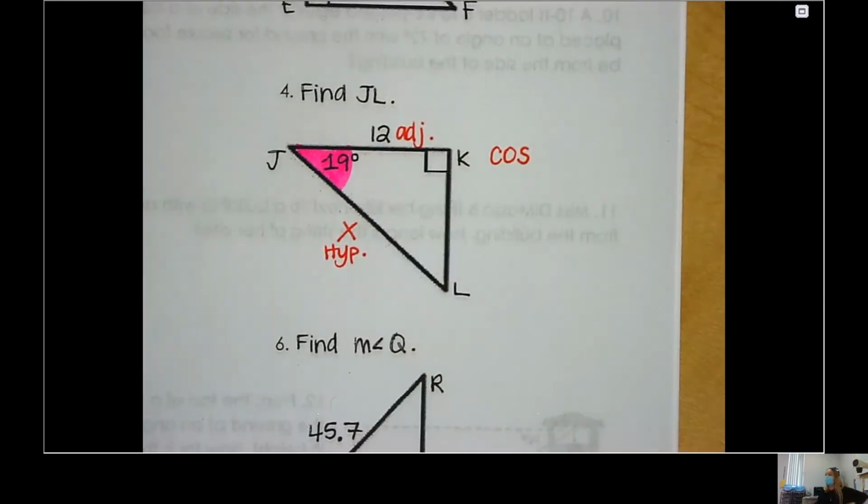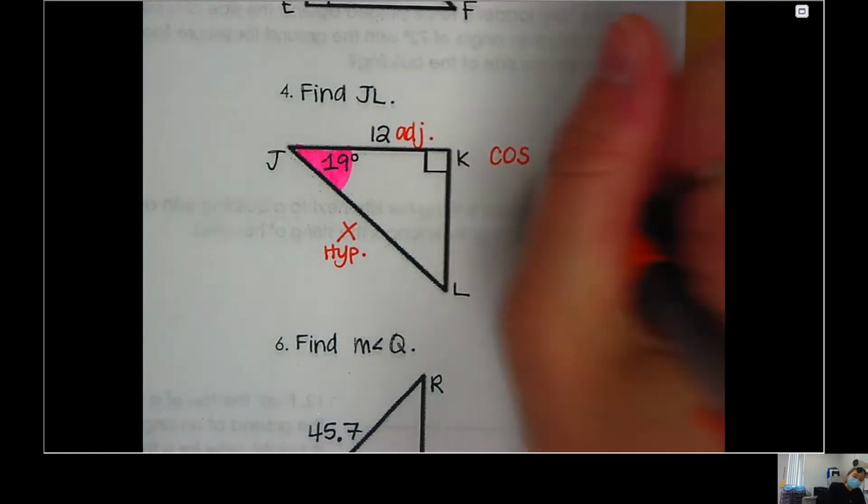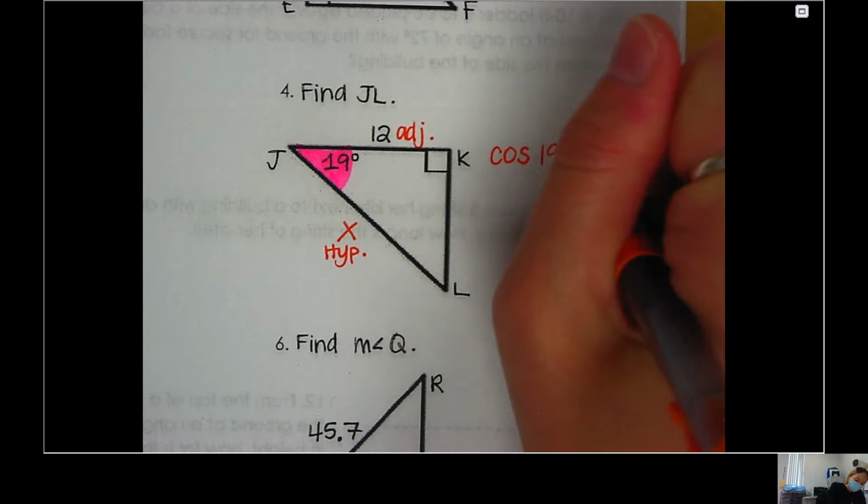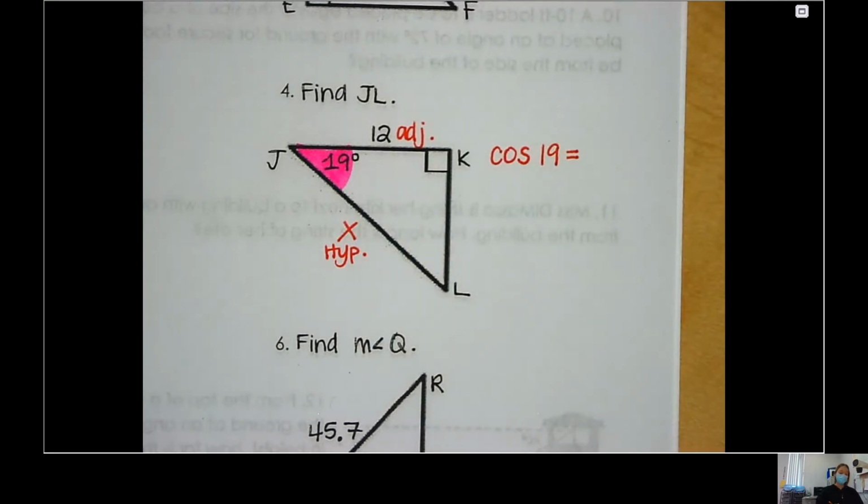Okay, who can set up this equation for me? Who wants to give it a try? Cosine what? Anyone. It's not going to be me, so someone's going to have to do it. Cosine of 19 equals 12 over x. Good.